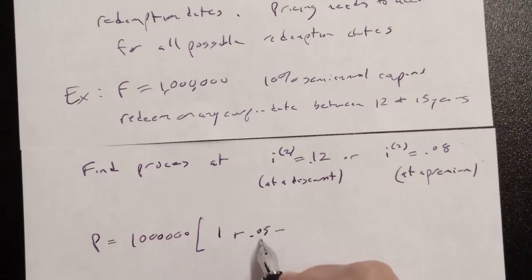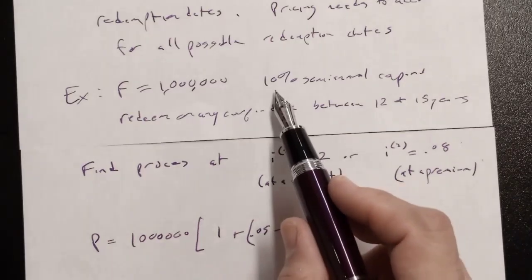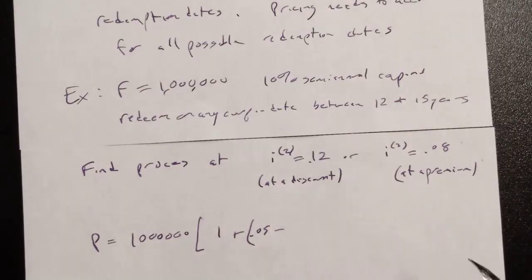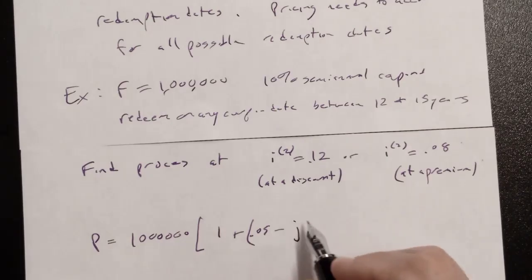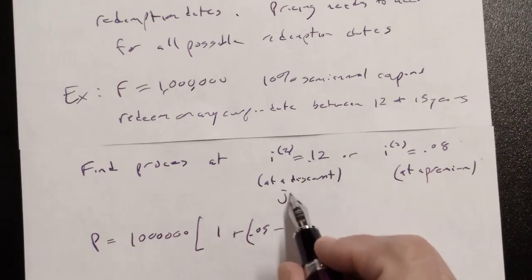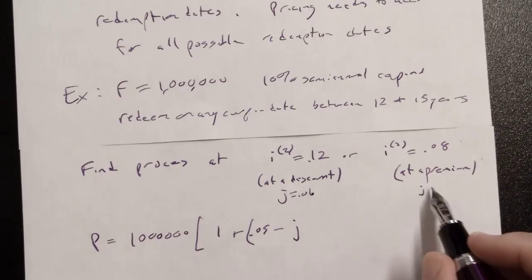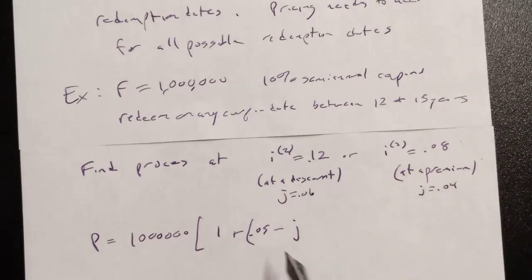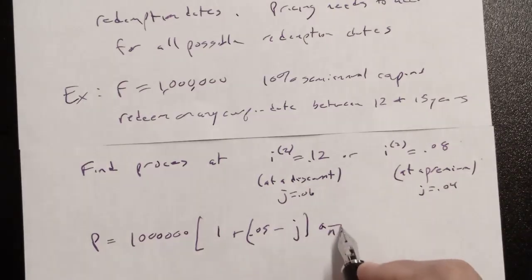Why 0.05? Exactly. 10% semi-annual means a 0.05 R, minus J. Well, J is either 0.06 here, or 0.04 here. And then I'm going to do A, N, J.